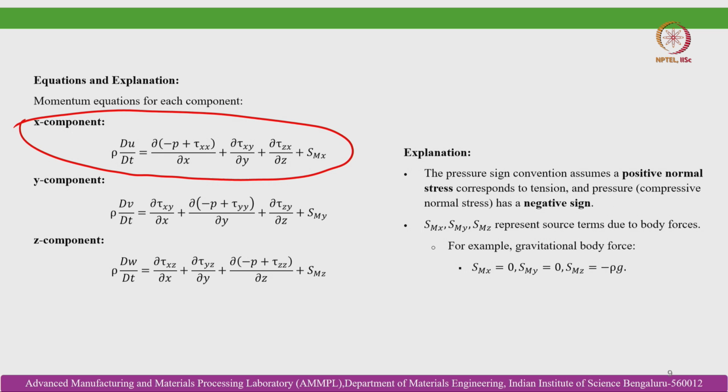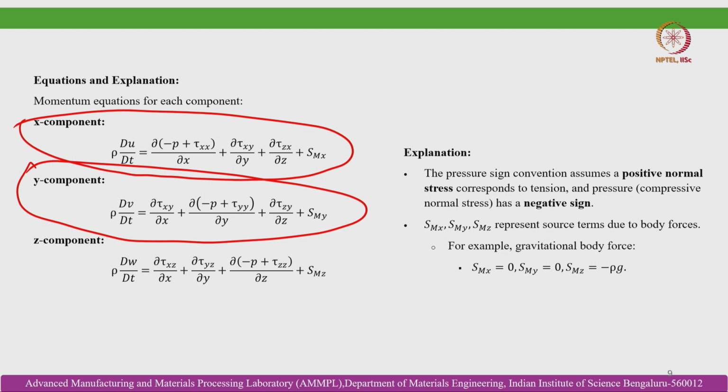And then for the y component, a similar treatment can be done to derive it, so that is not shown here. Only the derivation for the x component is shown. But the expression will be pretty similar, of the form rho dv/dt equals ∂tau xy/∂x plus ∂(-p + tau yy)/∂y plus ∂tau zy/∂z plus Smy, the source term in the y direction.